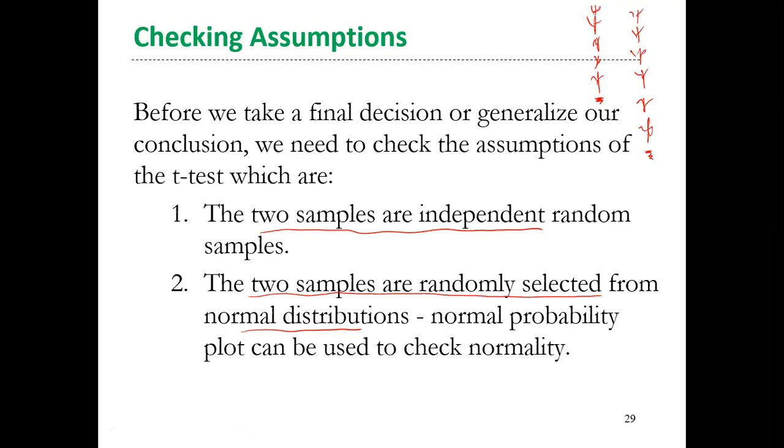But actually, the t-test is robust to normality. What do I mean? The person who came up with these formulas assumed normality. He worked with the normal distribution functions to derive these formulas.